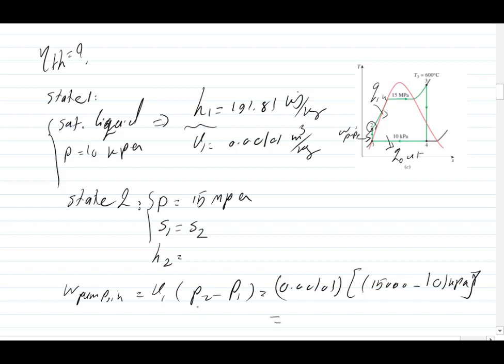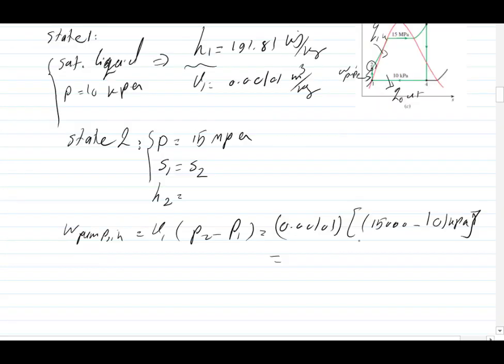It will give us the W in the pump after calculation of the multiplication and the subtraction. After calculation of this equation, the result will be 15.3099.